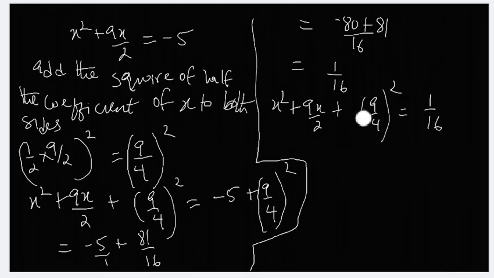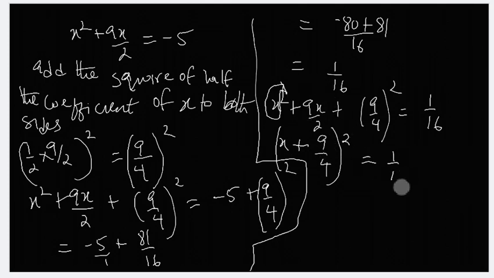Now look at this. Now you write x, you ignore the square, you write x plus 9 over 4, enclose this in brackets, then you square it. When you expand this, you get the whole of this expression. So this is equal to 1 over 16.